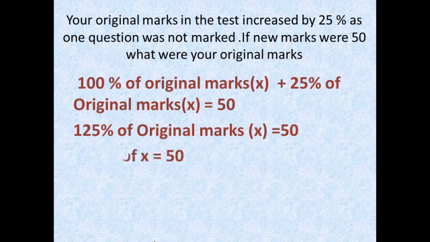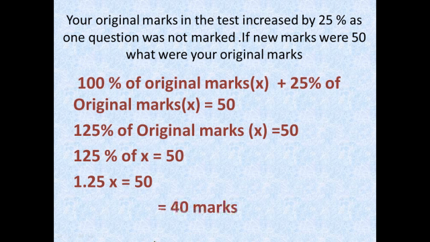So 125% of x is 50, which is 1.25x is 50. X will be 50 divided by 1.25. So 40 were your original marks. And you can check your answer also.